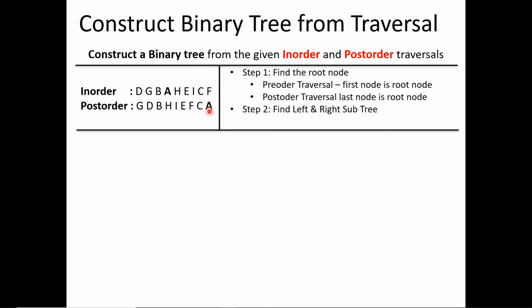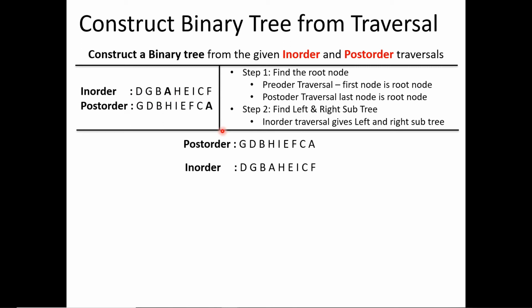Now second step is find left and right subtree. So now see, in order traversal gives left and right subtree, so we have to see that A is the node which is located over here in order, so this becomes left subtree and this becomes right subtree. This is post order and this is in order, already given.